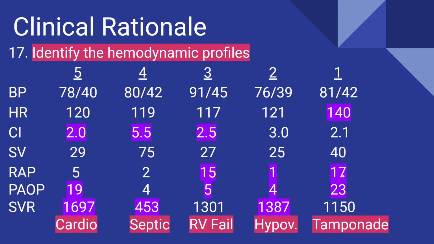But in tamponade, you have high values on both sides because the heart is being squished. And if you're in between tamponade and something else, you can look at heart rate and think, oh, tamponade hurts, right? So my heart rate is going to be a lot higher because of tamponade, because it hurts. So if you had a pulmonary artery pressure value in here as well, you would expect that to be high as well.